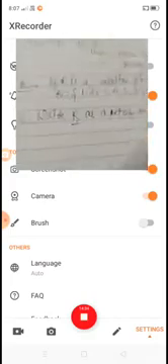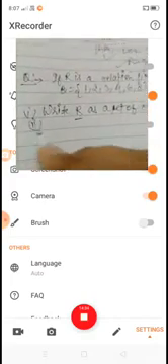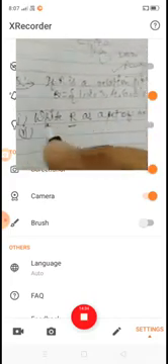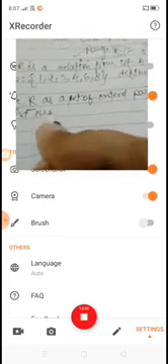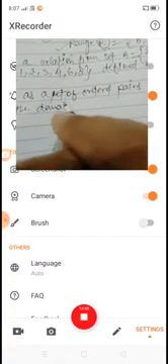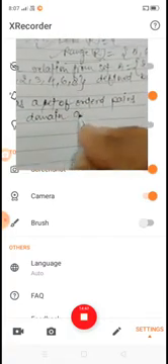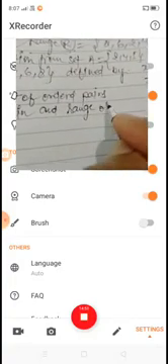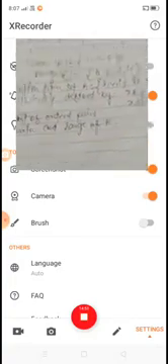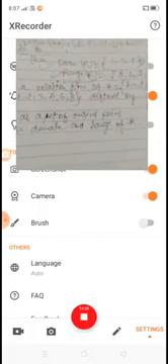And second: find the domain and range of R. This is your question.